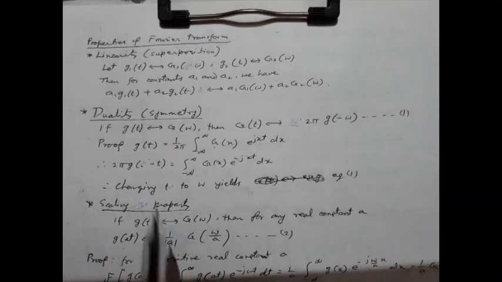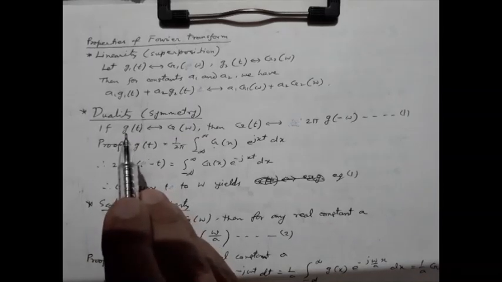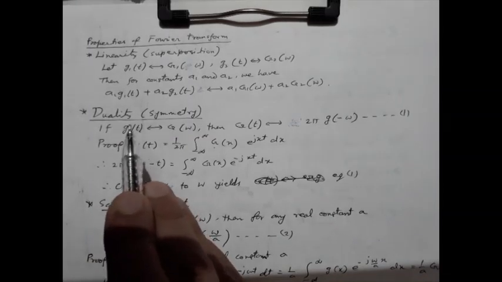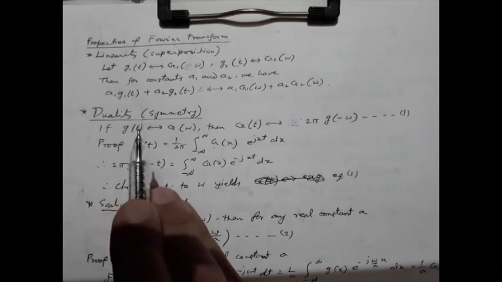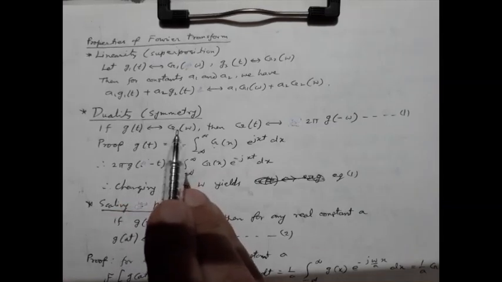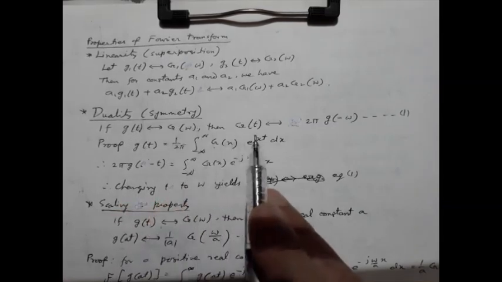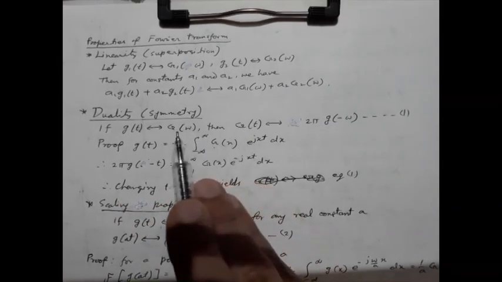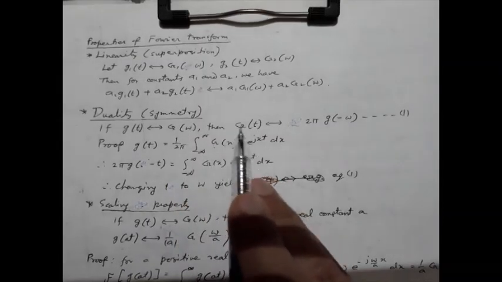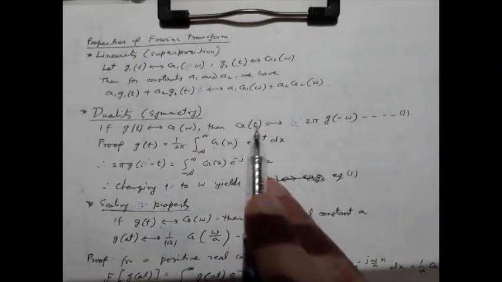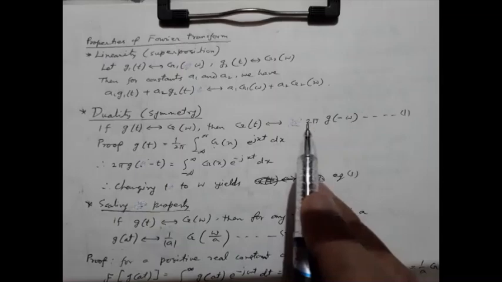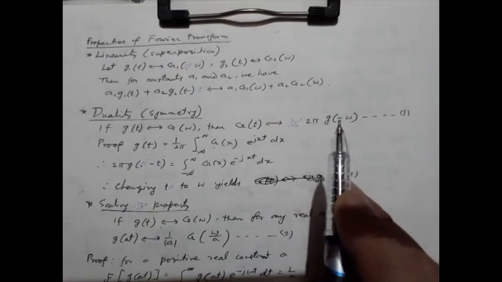Next is the duality or symmetric property. If g t is a function, its Fourier transform is capital G omega, then the Fourier transform of capital G t will be 2 pi into small g minus omega.